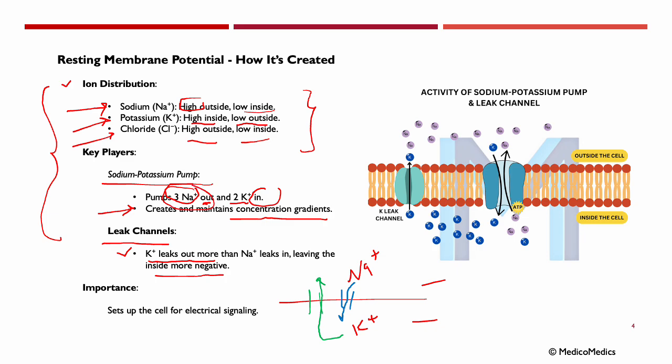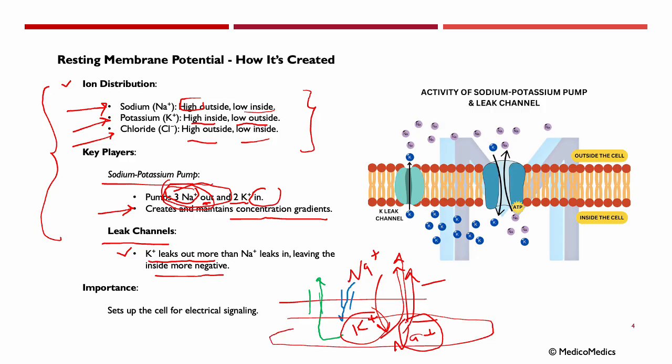But we mentioned that the sodium-potassium pump pumps 3 sodium out. So if we have sodium inside of the cell, 3 of them leave when 2 potassiums enter. So you can think of it like more positivity is leaving the cell. Therefore, we have a state of negativity on the inside of the cell. So that makes sense.